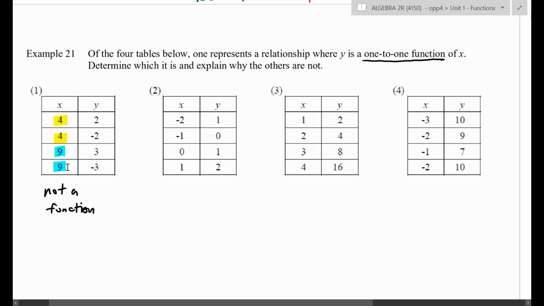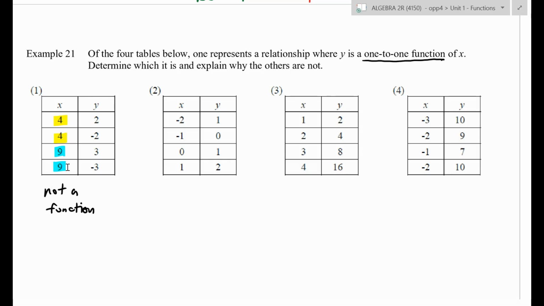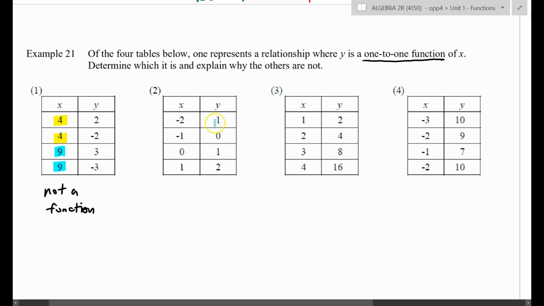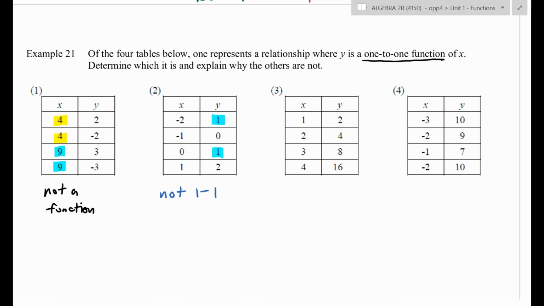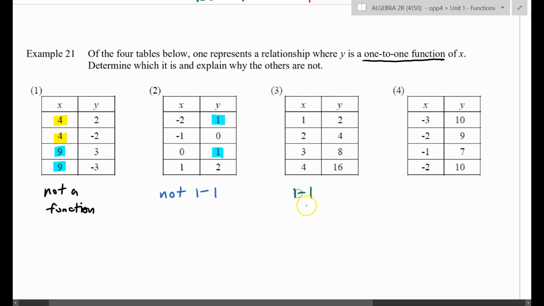Is number 2 a function? Yes. Is number 2 one-to-one? No, because of the repeating y values. So this is not one-to-one. The third one, 1, 2, 3, 4 are the x's. 2, 4, 8, 16 are the y's. This is a one-to-one function.